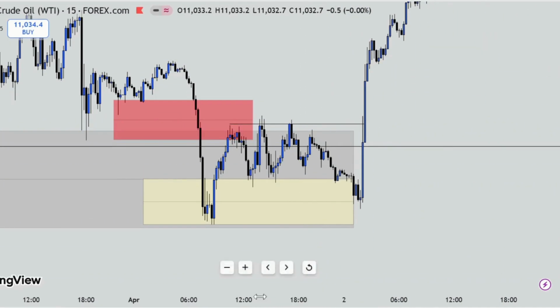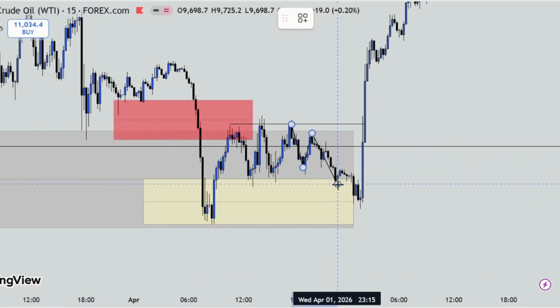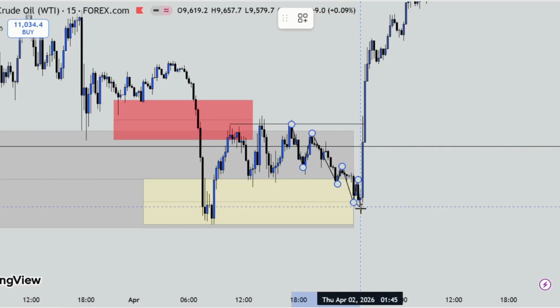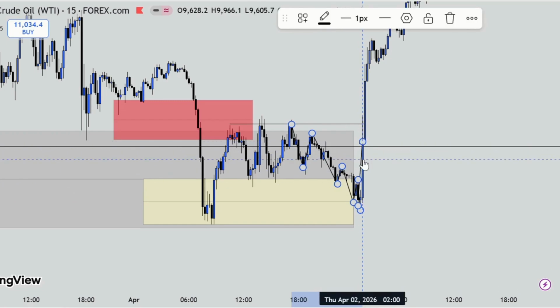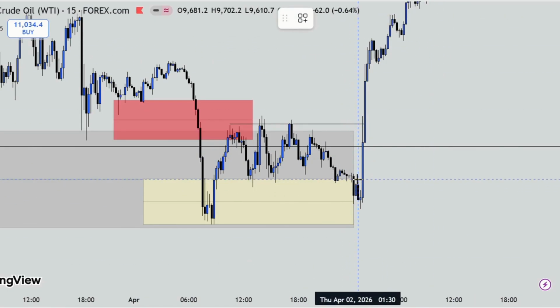This is where we get our level on the 15 minutes time frame. This here, this here, this here, back into that 4 hour support. So we broke with this candle, and this bullish candle here also broke that level.